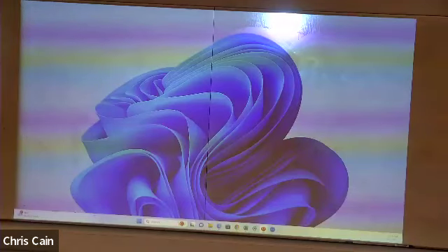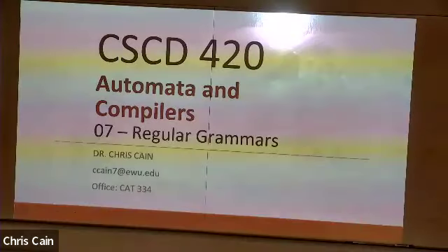Talked very briefly 2 weeks ago about what a grammar is in general. And you did some homework problems that just had you looking at grammars in general. But now we want to specify, we're going to look for grammars that can produce the same kind of language that the DFAs and NFAs and regular expressions that we've seen so far can also generate.